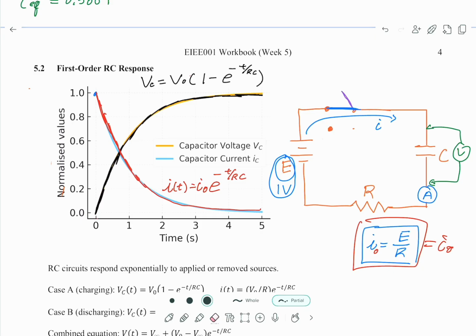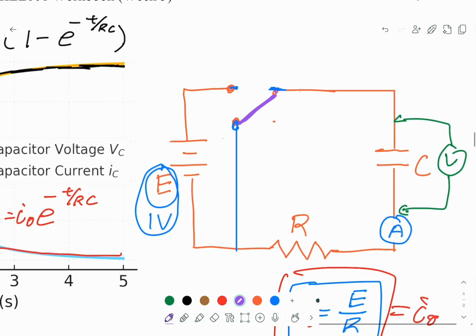So we can open the circuit now, and then close it here. After the capacitor is charged, it has a lot of voltage here, positive on this side and negative on this side, and now the capacitor starts to discharge.